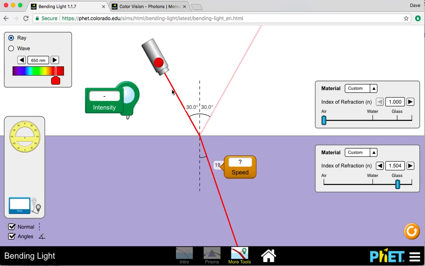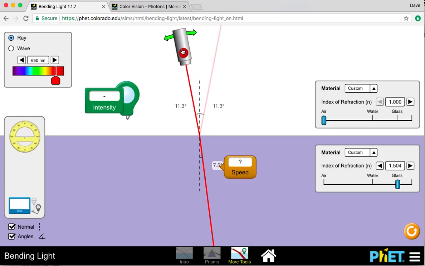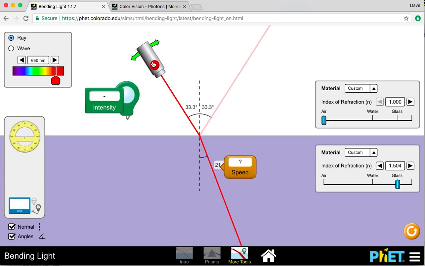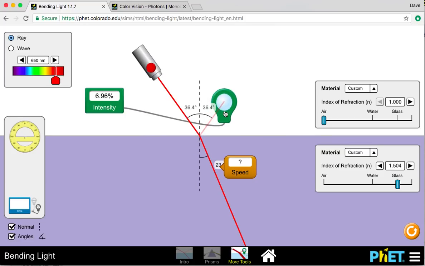Now that does have to do with this angle right here. When this angle is closer to 0, right now you're not getting really any reflection. If that angle is less than half of the way, you're going to see there's more light passing through than there is reflecting off.